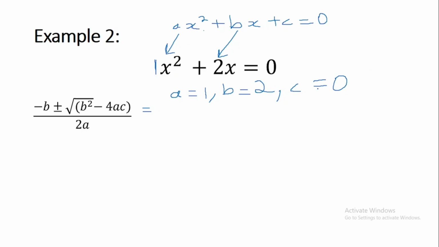So now that we know our a, our b, and our c, we will use our formula to solve our equation. Let's rewrite first.